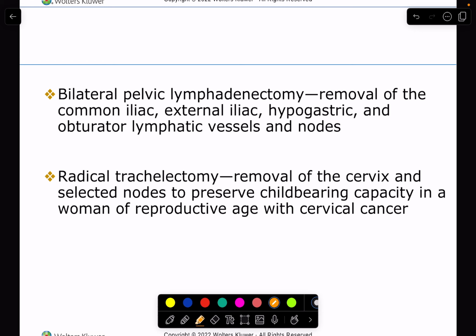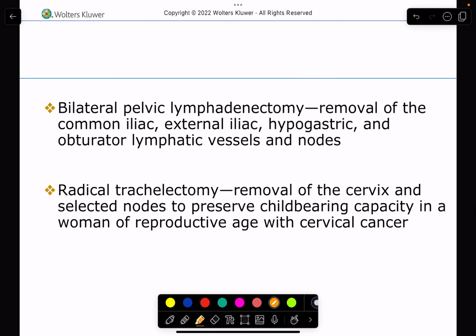So these are the types of lymph nodes that are adjacent to the female reproductive organ, and the obturator. Now, we need to remove these in order for us to assess or to check for the presence of malignancies.